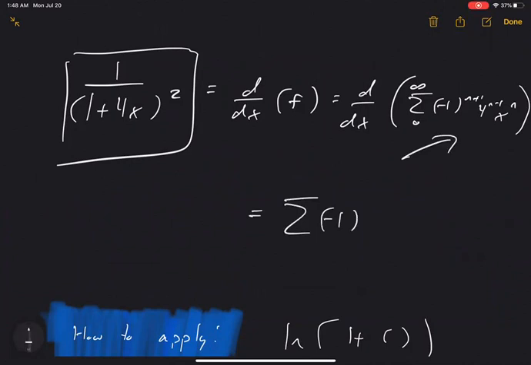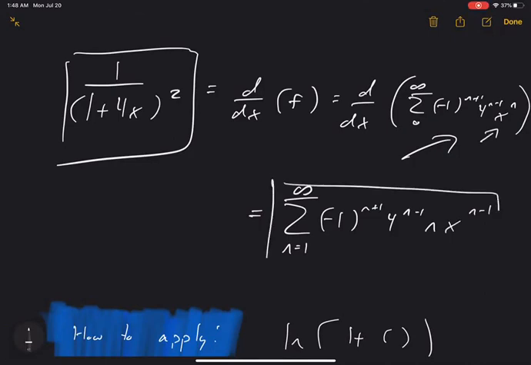I treat (-1) to the power n plus 1 as a constant. Same thing with 4 to the n minus 1. The only thing I differentiate really is this x to the n. And what does that become? n times x to the power n minus 1. And now instead of starting that series at 0, I'm going to start it at 1. And that should be my power series.